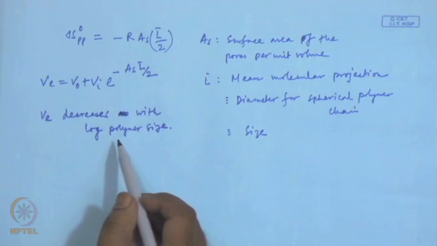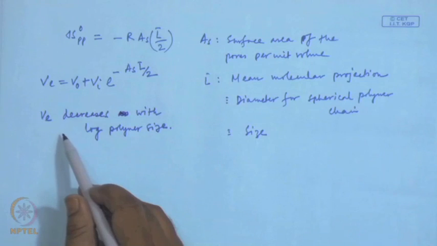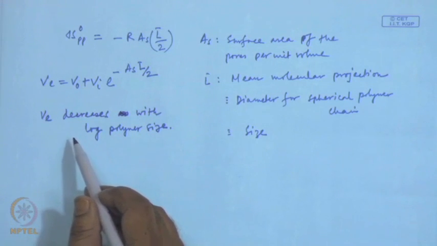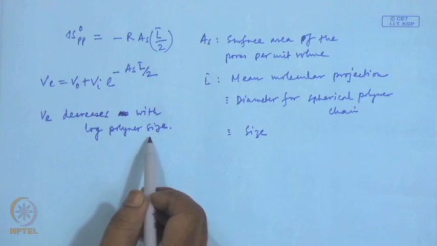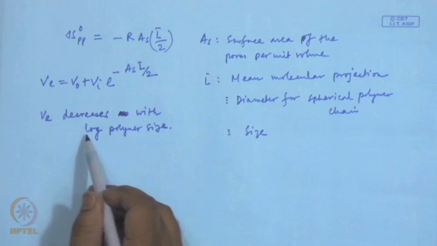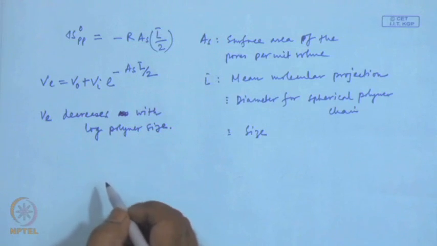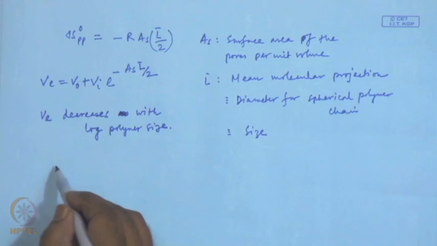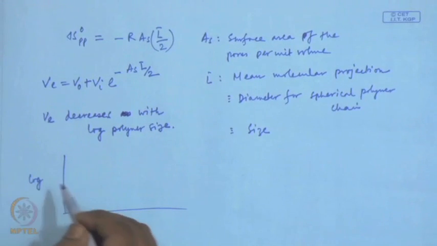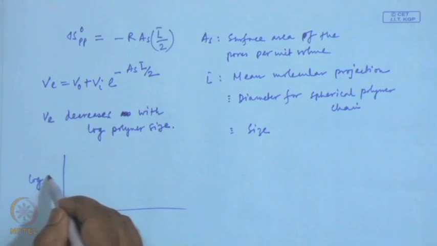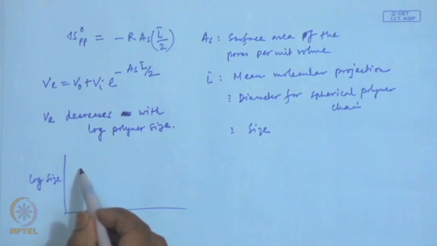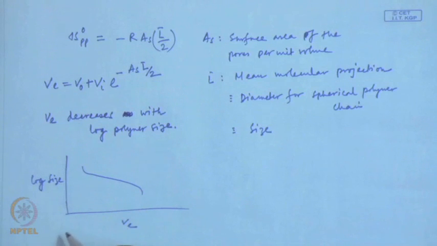This expression tells us that V_E decreases linearly with the polymer size. As the polymer size goes up, V_E will go down, so you can expect a linear relationship. So, if you plot log of polymer size against V_E, you expect that to be a linear graph.